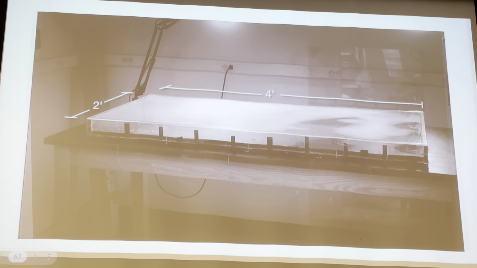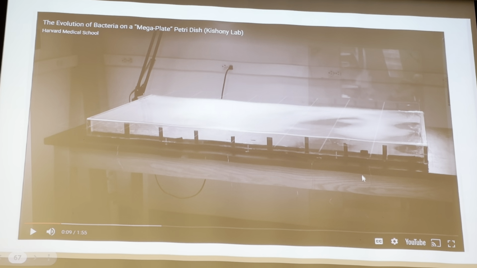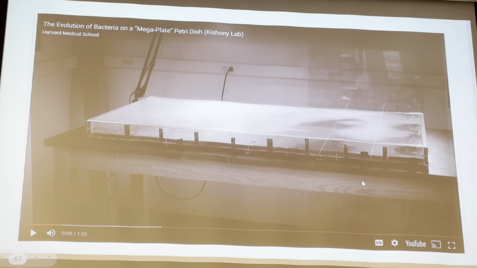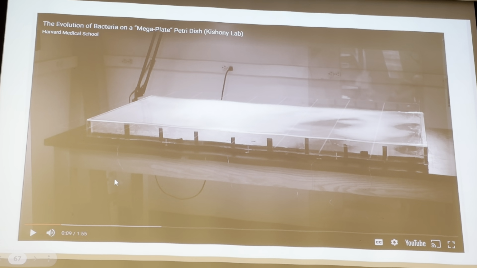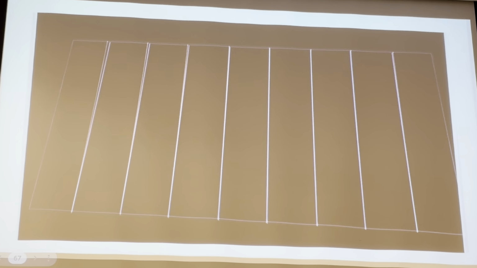Except that it's 2 feet by 4 feet. And the way we set it up, so this is a petri dish. So this is an agar plate. This is just like our agar, exactly the same in our lab, except it's this big giant agar plate. 9 bands, and at the base of each of these bands, we put a normal petri dish thick agar with different amounts of antibiotic.